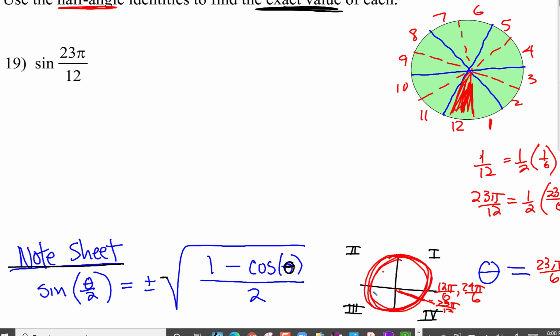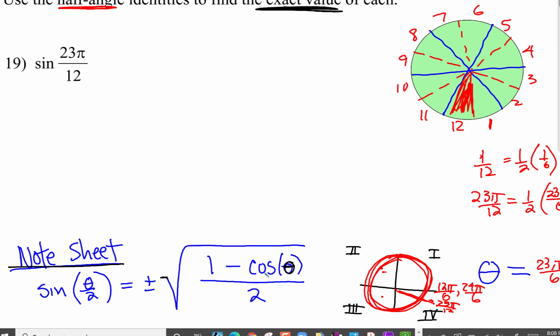Let's see, 181. Nope, would probably be in the second quadrant, I'm going to guess. Because anything in through here, when you half this, it would almost have to be in quadrant 2. Okay, in quadrant 2, sine is positive, but we'll know in just a minute.